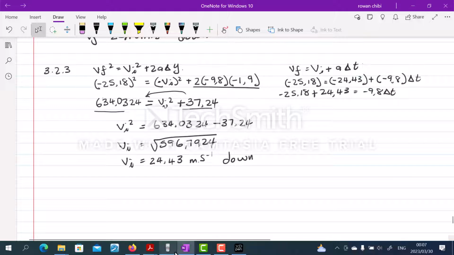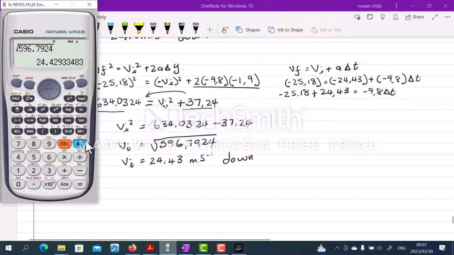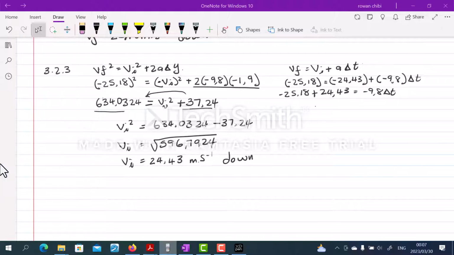So let's find that one. We have negative 25,18 plus 24,43. The answer is negative 0,75. On the other side we have negative 9,8 delta t.